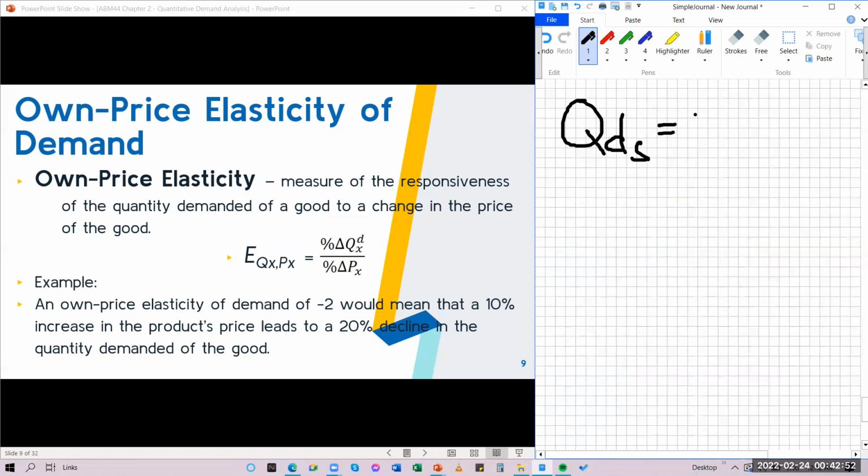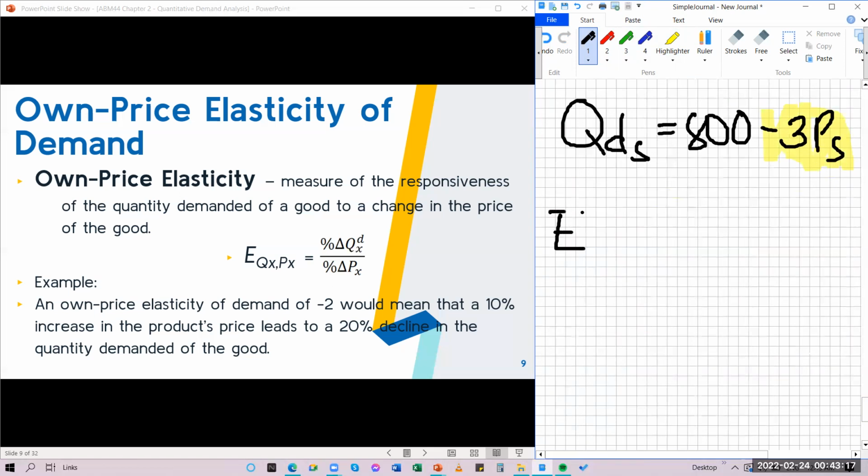Quantity demanded of shoes is equal to 800 less 3 price of shoes. So that is the simple equation. Now I want you to solve for the own price elasticity of demand. So again, own price elasticity ang iyang gipangita. So we will be using this variable.